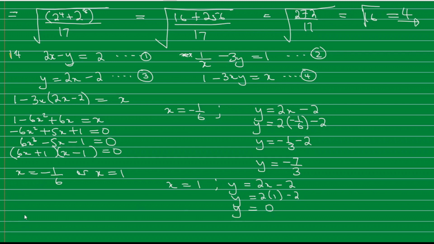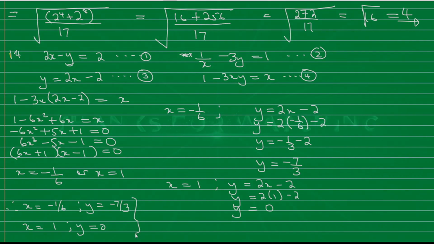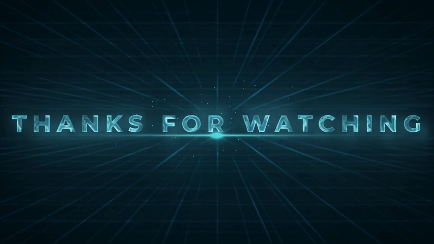Okay, so we can just group the values here. Therefore, when x is negative 1 over 6, our y is negative 7 over 3. And when x is 1, our y is 0. So that gives us the two solutions.